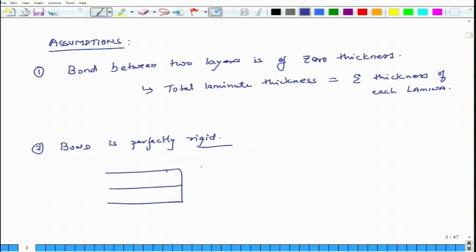Then when it bends, this edge will remain straight. This is the deformed laminate. Suppose I want to bend this laminate, then this edge remains straight, and this angle also remains at 90 degrees. So, this is when you have a perfectly rigid bond.